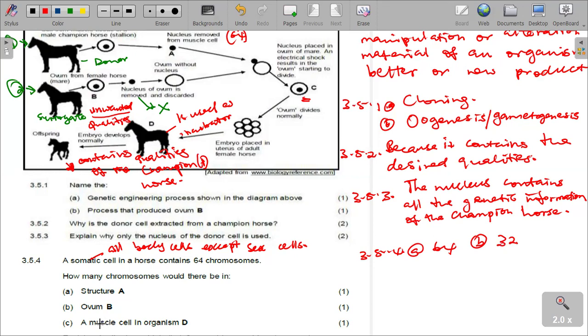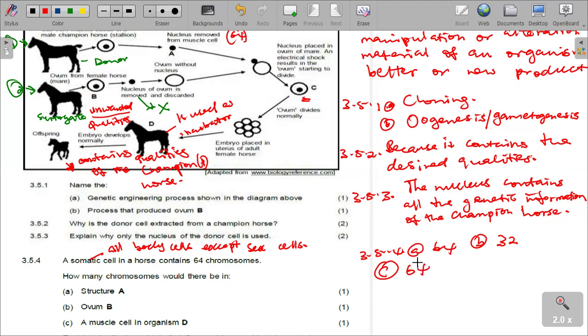And then, how many chromosomes would be there in C? C is a muscle cell in organism D. It is a muscle cell. Again, it must have the full set of chromosomes.